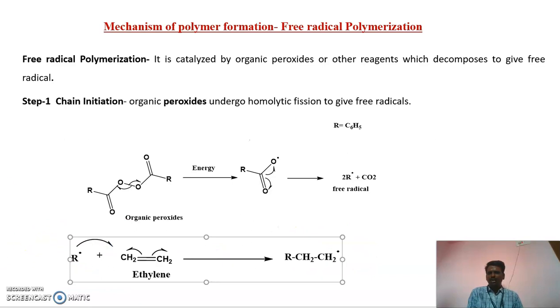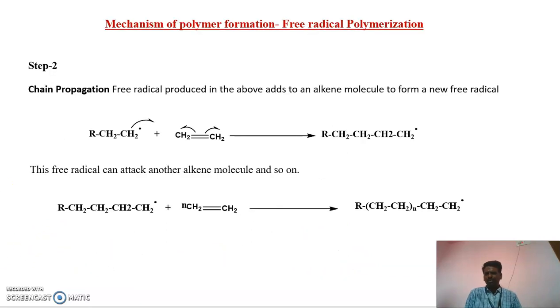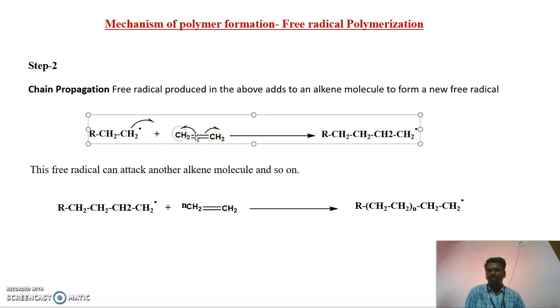Next is the propagation step. In this propagation step, the radical molecule formed in the first step undergoes further reaction with another molecule of ethylene monomer. Here also the ethylene has pi electrons. Again it undergoes homolytic cleavage, and one electron is given to this carbon and another electron to this carbon.